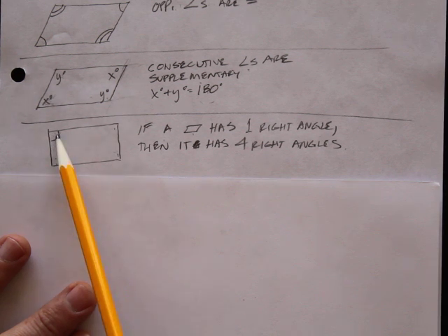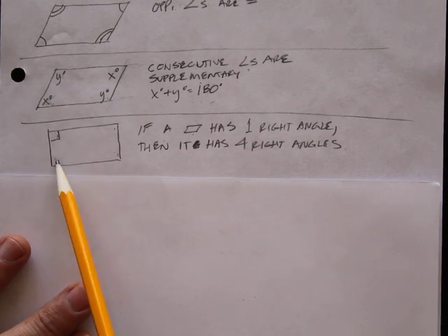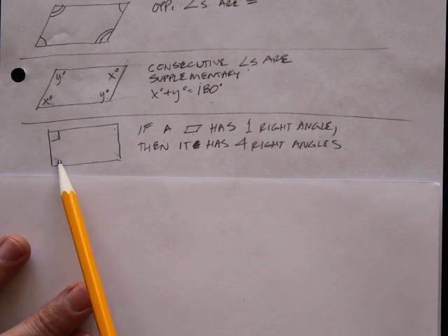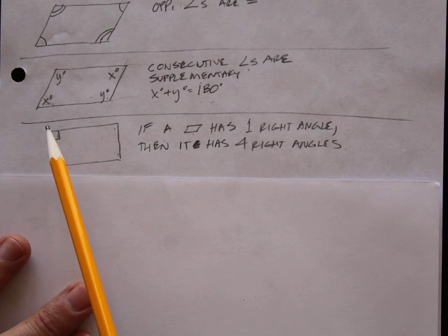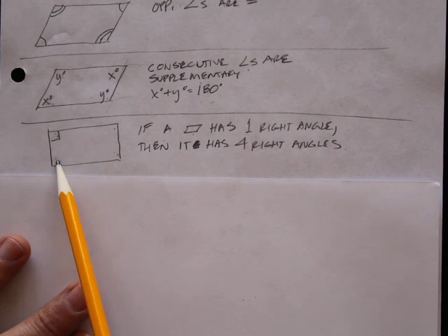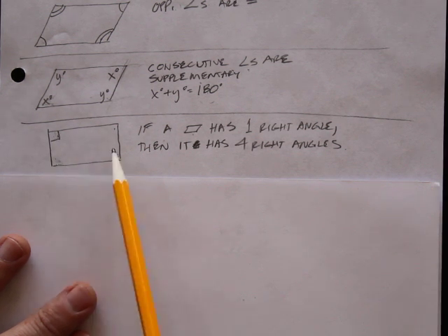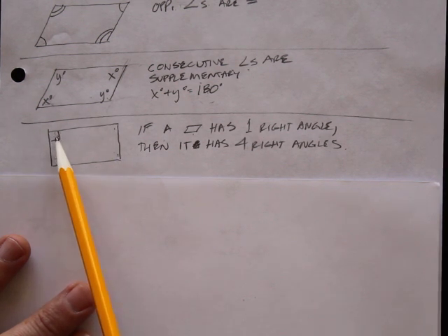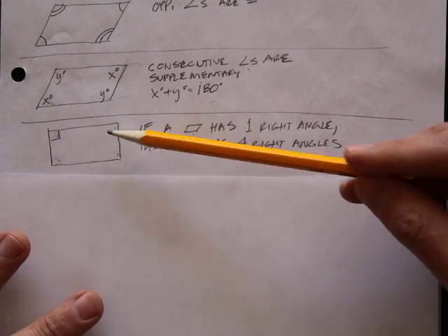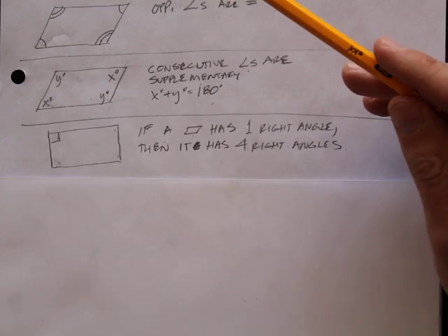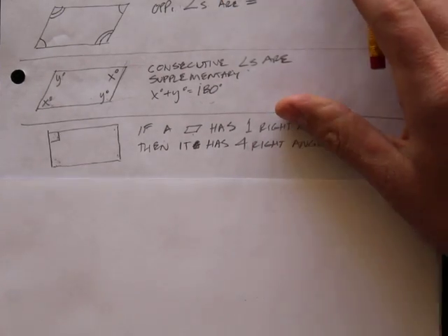Now, if this is a right angle, and the consecutive angle, if I add those together to be 180, 180 minus 90 is 90. So I could do that all the way around. All of these angles have to be 90 degrees. Just if one is, then they all are. And then you have a square or a rectangle. Squares and rectangles are parallelograms.